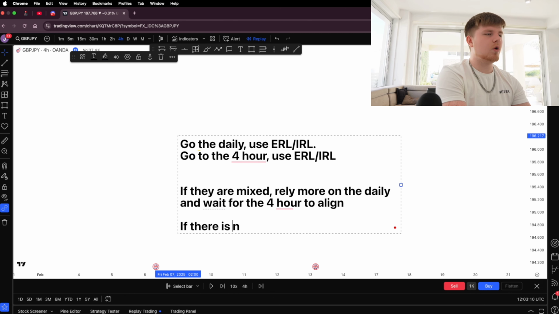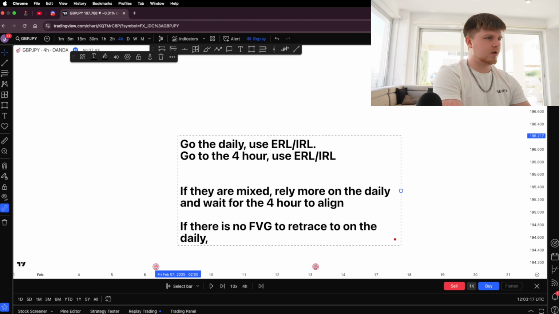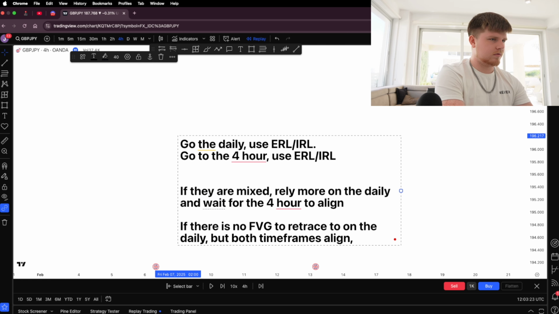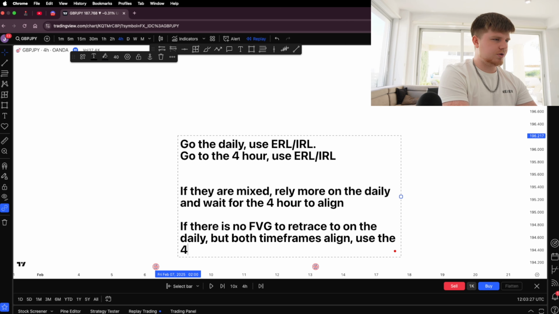If there is no fair value gap to retrace to on the daily, but both time frames align, use the 4 hour.